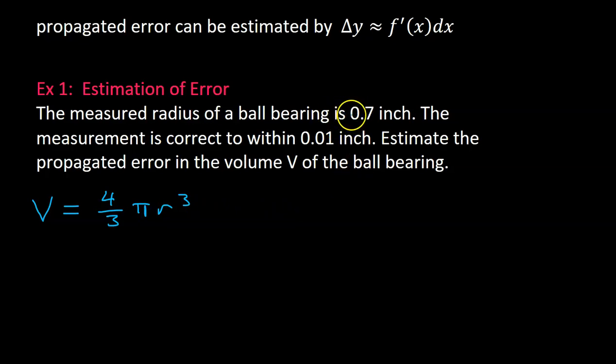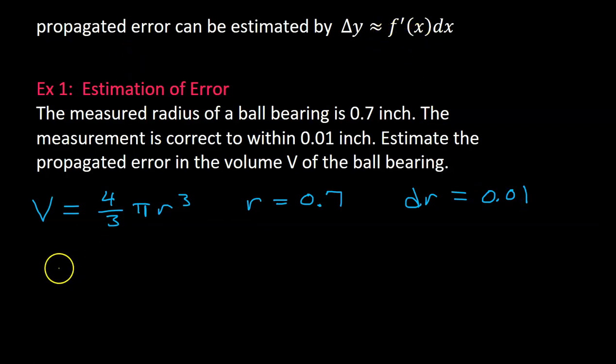When they give us the radius of the ball bearing, r is equal to 0.7. That's like in the past when they tell us x equals 1, but this time it's r. And similarly, instead of dx, we're going to have dr. But the dr is the error, the 0.01. Notice that the formula that we're going to use involves the derivative.